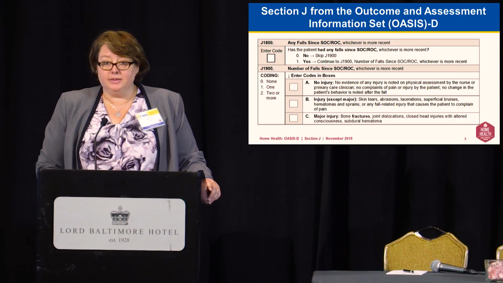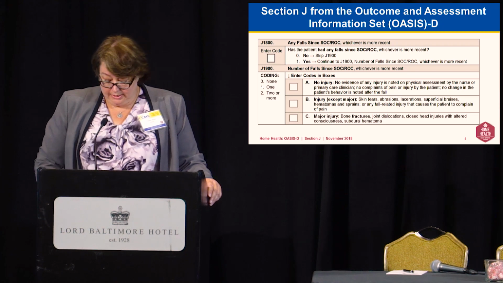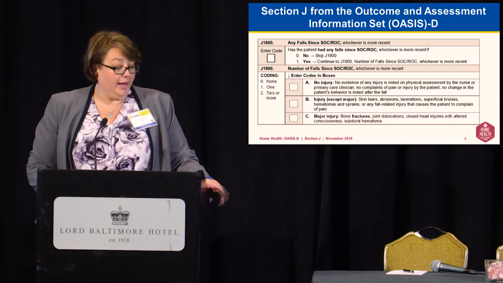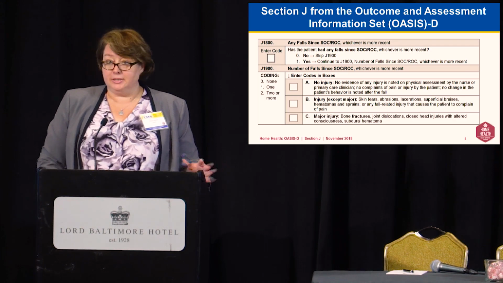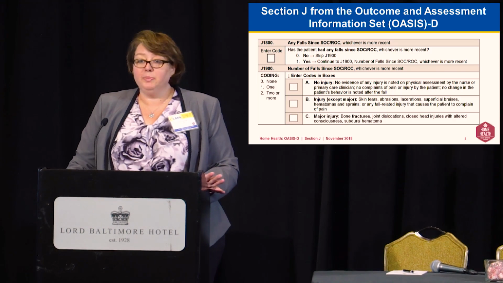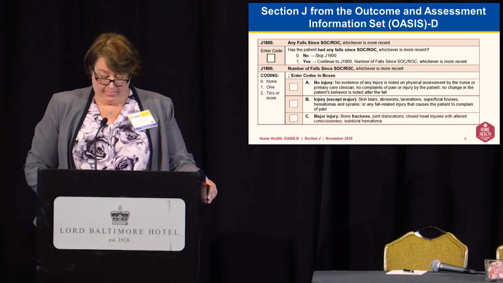This is exactly what this data set will look like for you on your OASIS-D. Note that J1800 has the skip pattern, which is a gateway question, and J1900 has 3 boxes, so you'll be entering a response into each one of those boxes.